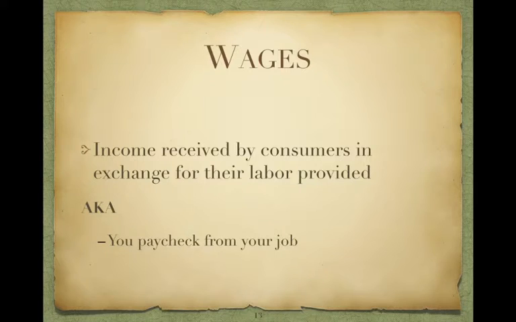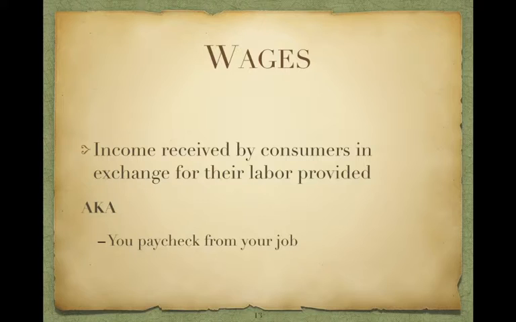Wages are very self-explanatory. You do a job, you get paid for it. Wages are your paycheck. Now, there are several questions that will appear on your unit exam, depending on the version you get, looking at wages. I know this is a basic concept, but it ties into a later concept in the second part of Unit 3, disposable income, or take-home pay.